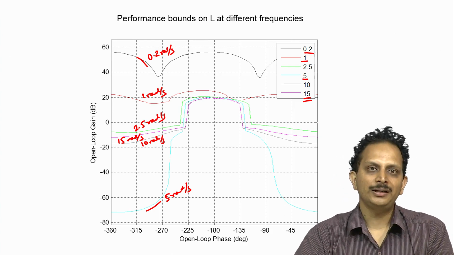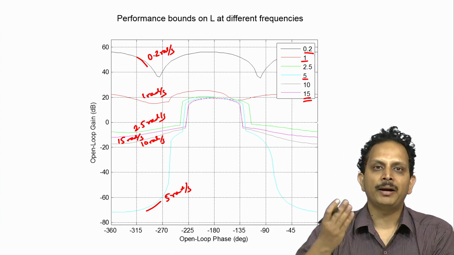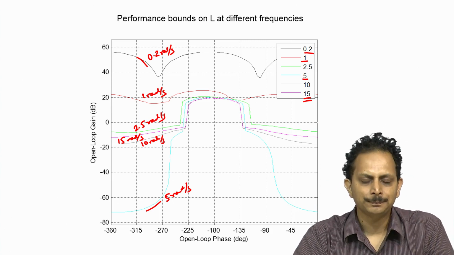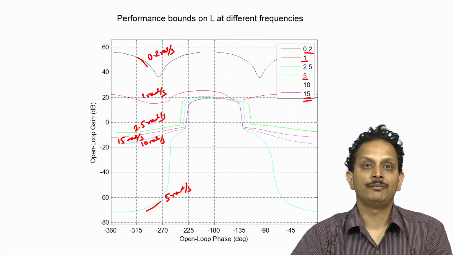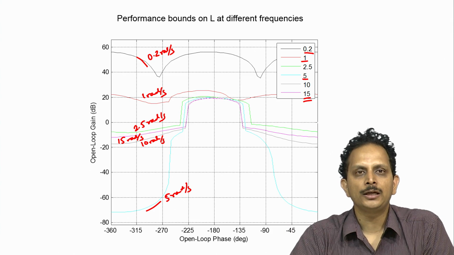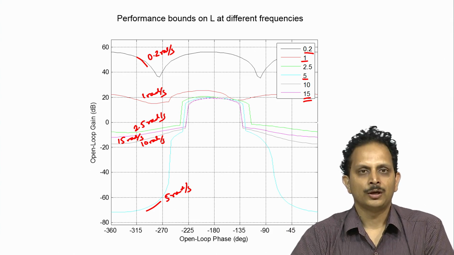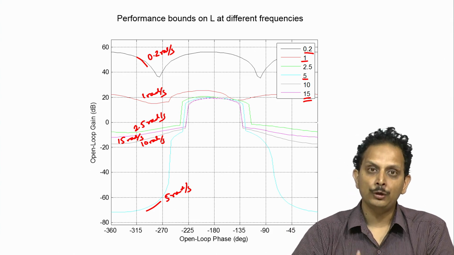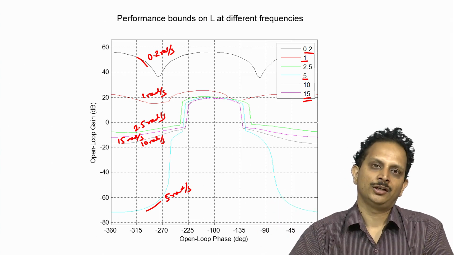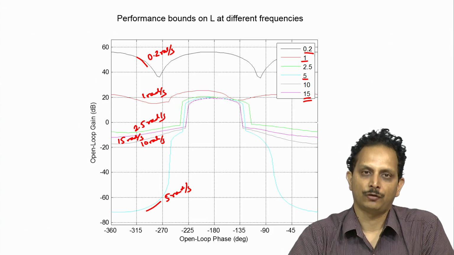It is quite possible that the loop gain might cross over at a frequency that is greater than 15 radians per second, and if that happens, then we need to worry about stability at the frequency at which the loop gain crosses over. Therefore, what we need to do is to continue to worry about stability at frequencies beyond which we have stopped worrying about performance.